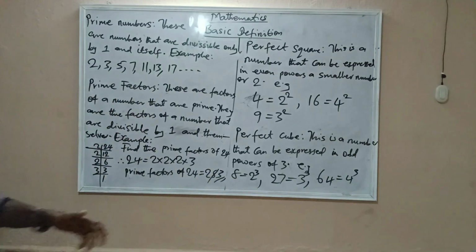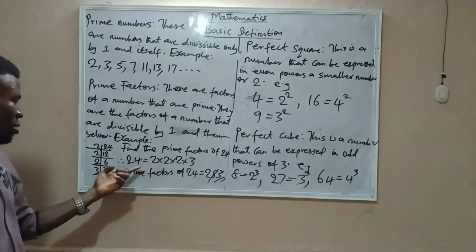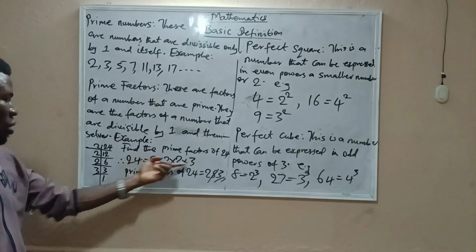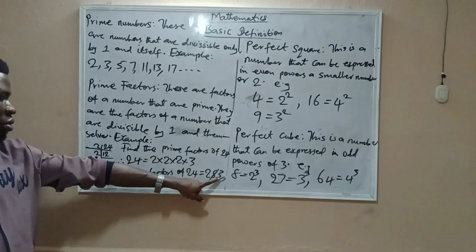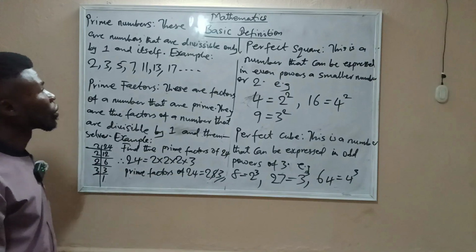Remember, we say prime factors are the factors of a number that are prime. So out of all these numbers, we only have 2 and 3, and 2 and 3 are prime. So 2 and 3 are the prime factors of 24.